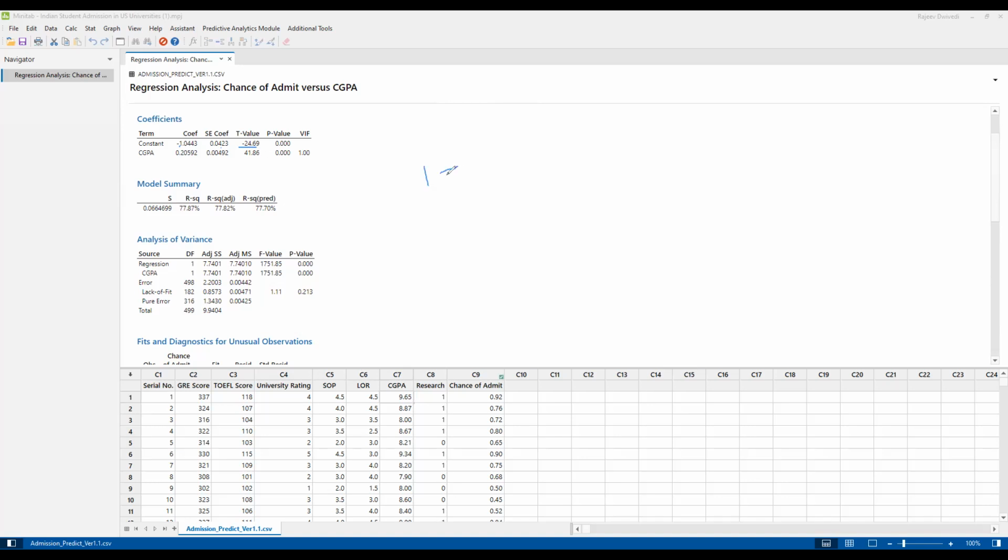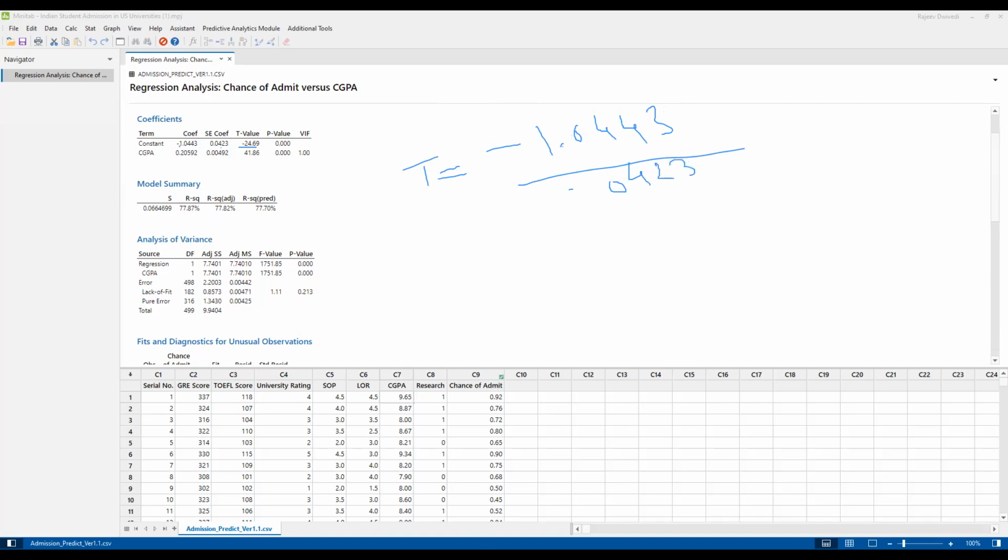So the t value is minus 1.0443. This is the value of coefficient divided by standard error, which is 0.0423. Is it correct?